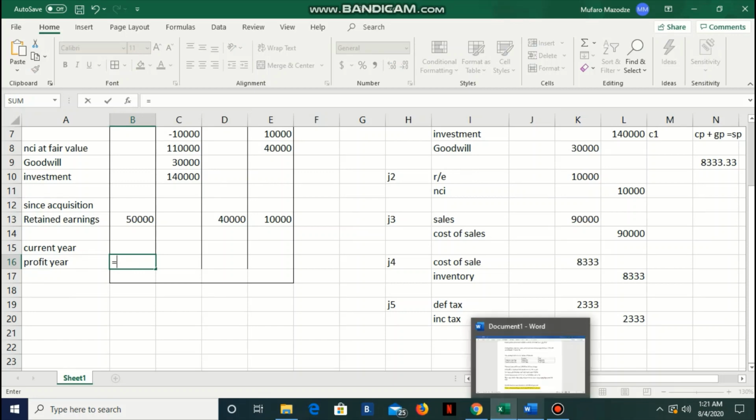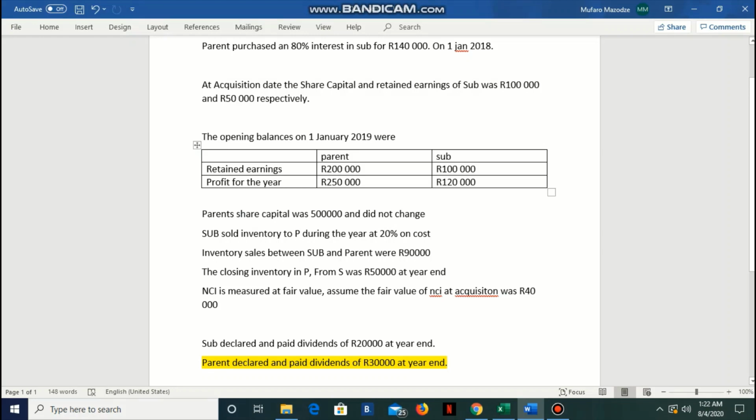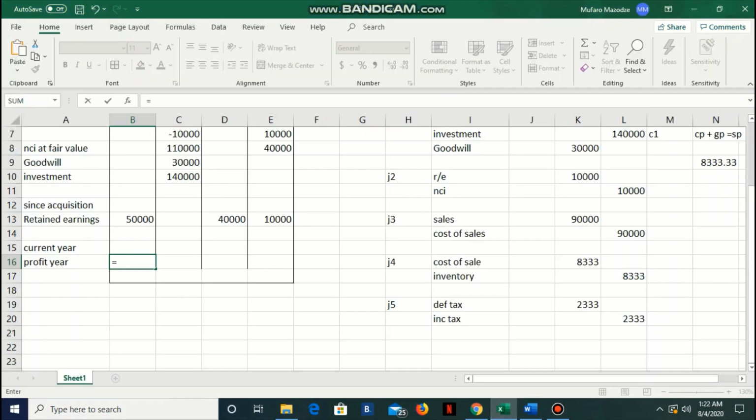Remember, the subs profit for the year is 120,000. So I'll say equals 120,000. Cost of sales decreases profit, and then we're going to say plus the income tax effect.